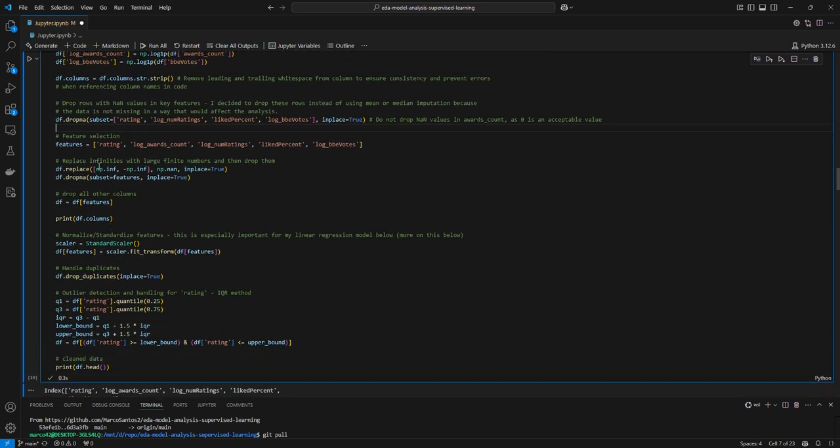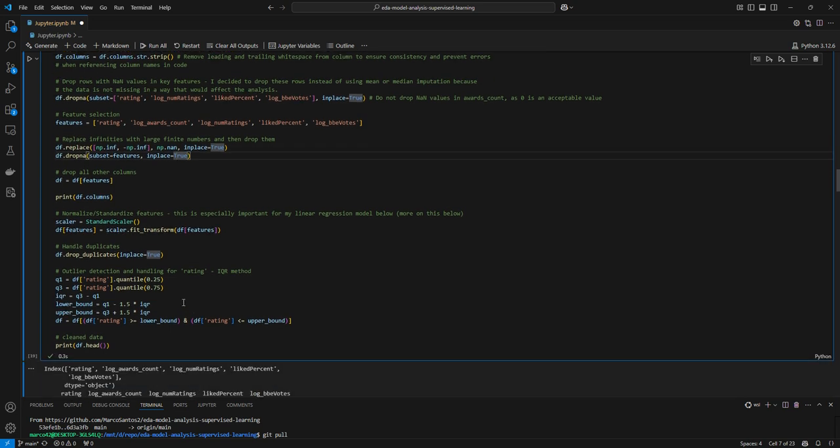So as mentioned before, these are the features of interest: rating, log award counts, log number of ratings, liked %, and log BBE votes. Some values are set to infinite. So what we're doing here is replacing those values with a finite number and dropping them because they're going to skew the data heavily.